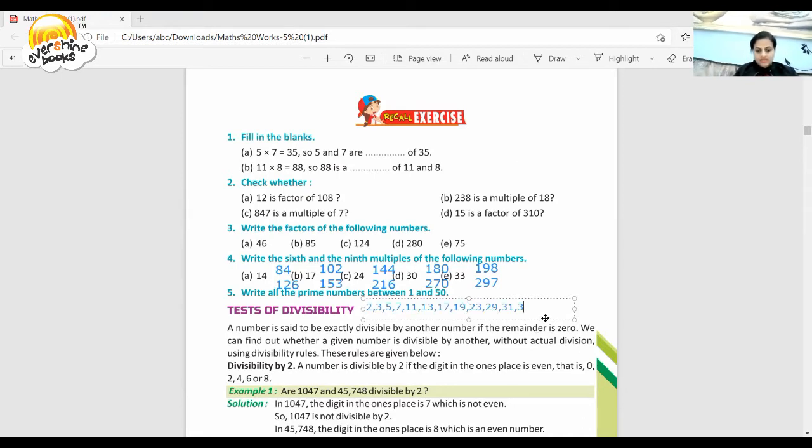Okay, 37, 41, 43, 47. So these are the prime numbers till 50. So we have done this exercise. This is a recall exercise that we have done already.